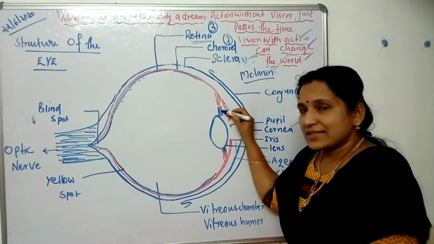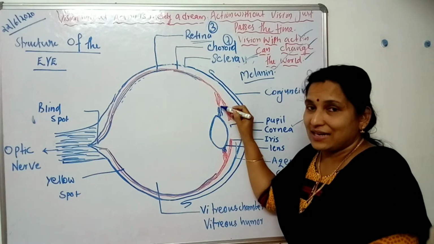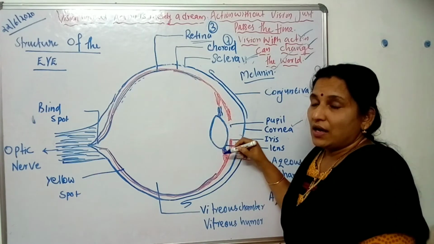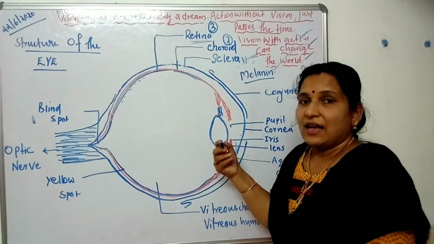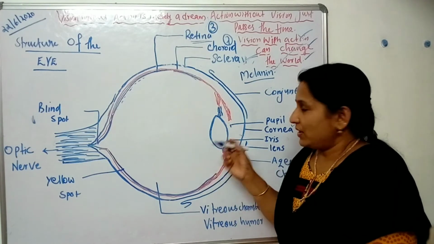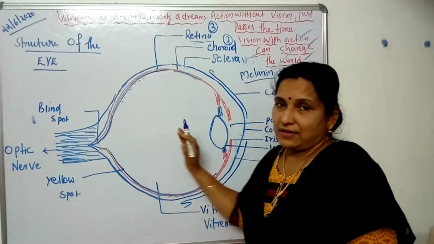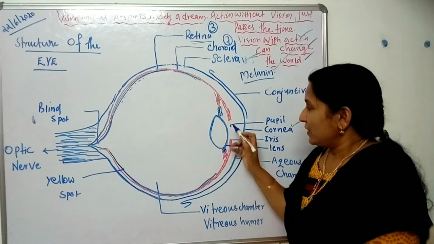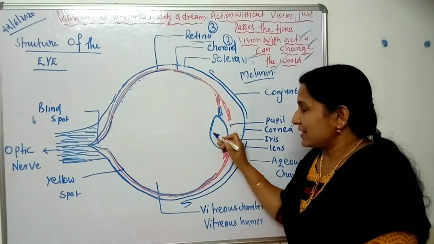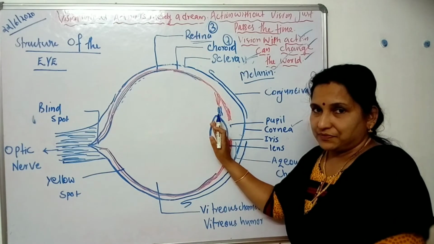How the ciliary muscles and radial muscles are arranged around the lens, all these things we can study in another session. Here we are talking about the structure of the eye; the functions of these parts we will study later. So here we can see the convex lens that is present behind the iris.